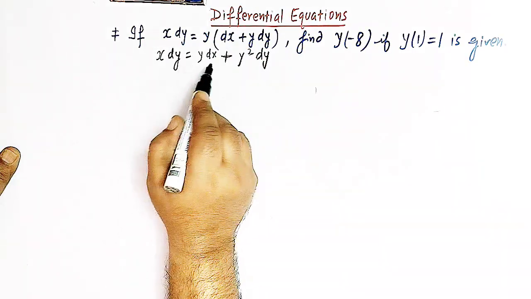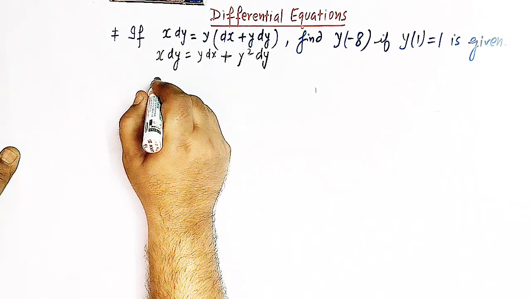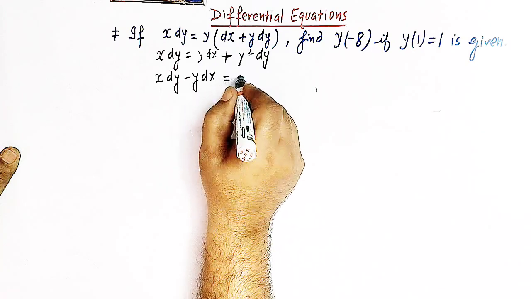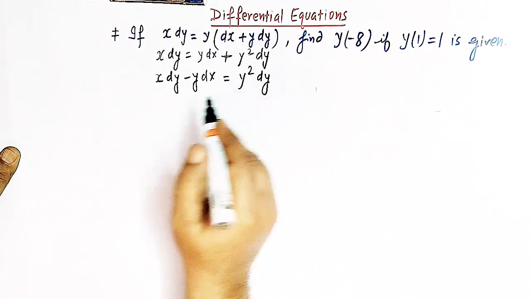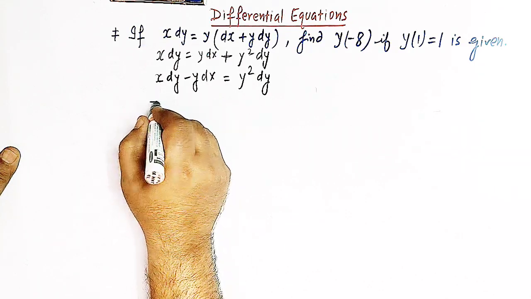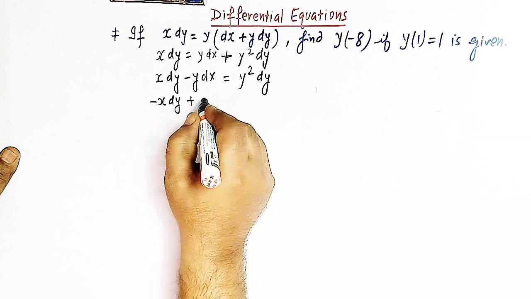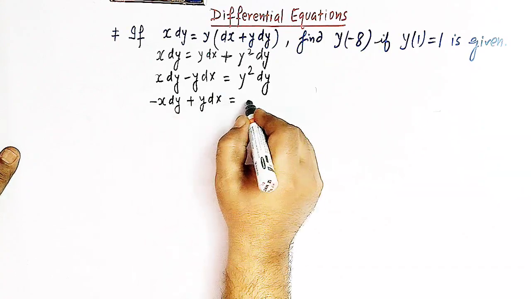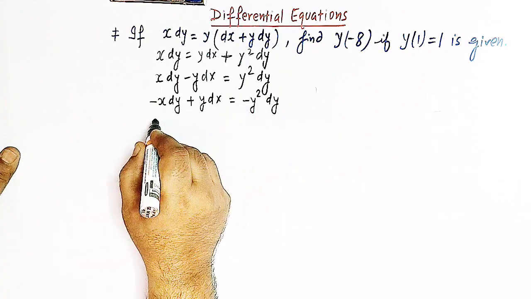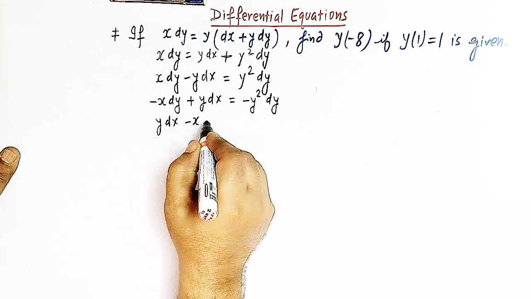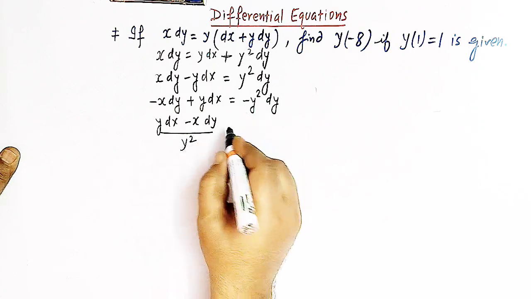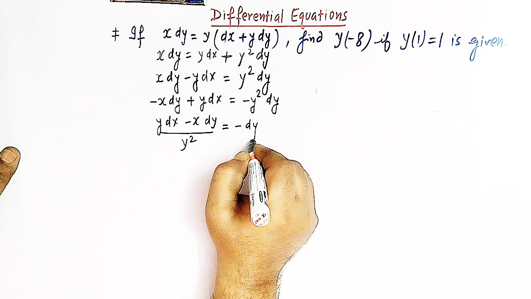Now taking this term to this side, we can write x dy minus y dx is equal to y square dy, and now multiplying both sides by minus 1, we can write minus x dy plus y dx is equal to minus y square dy, and then we can write y dx minus x dy over y square, and here we have minus dy, right?